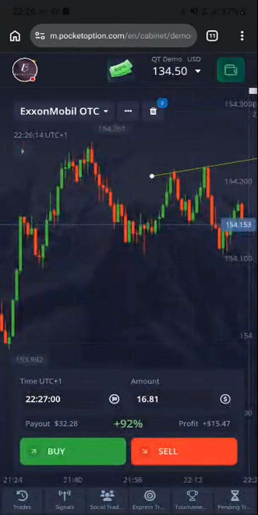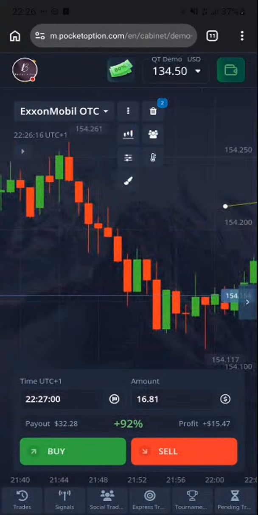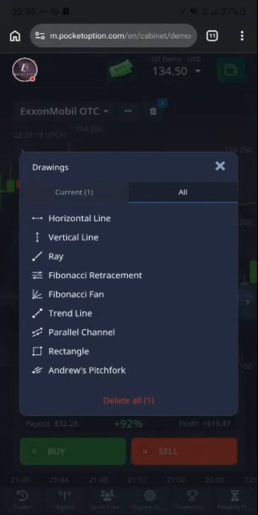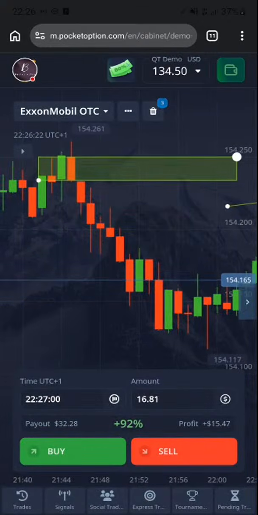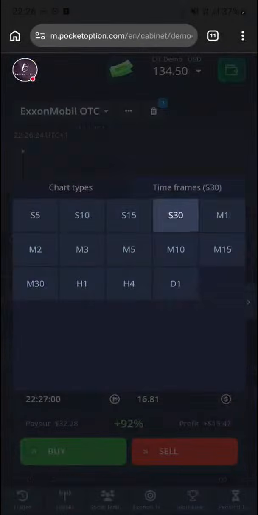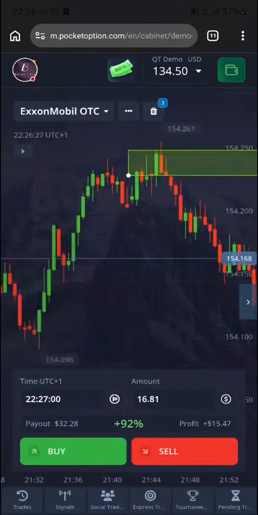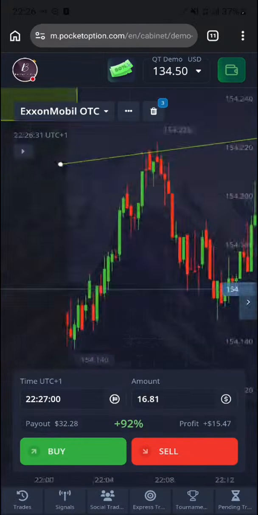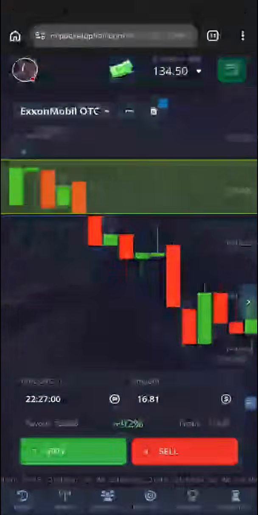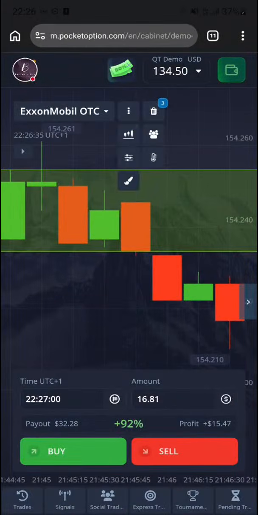This is not the entry. You know what? Let me mark that area so that it will be easy for me to detect. There's a supply here, I know. We just need to find it. Okay, we found it.